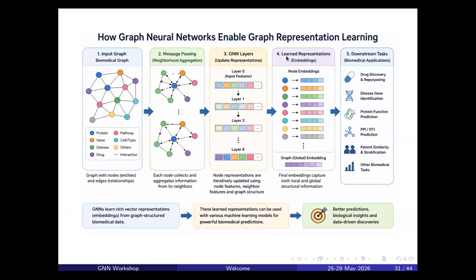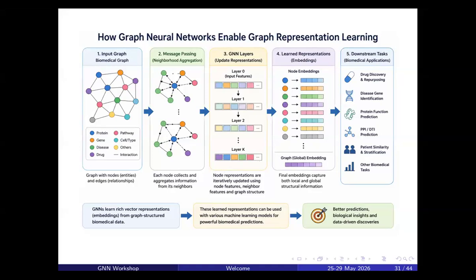These learned representations are basically the embeddings, or node embeddings. So each node has a corresponding embedding now. If you take a pair of nodes, you can capture the edge embedding also. Based on that, you can aggregate.